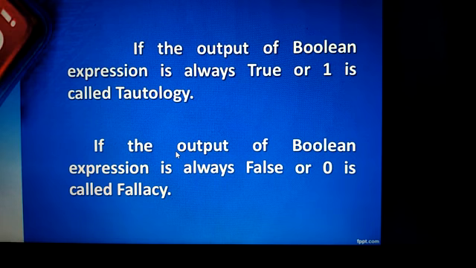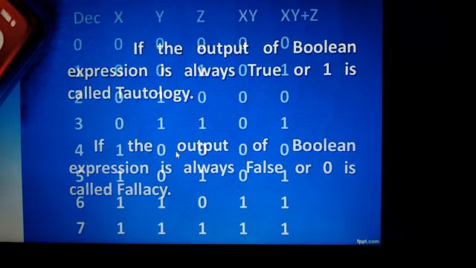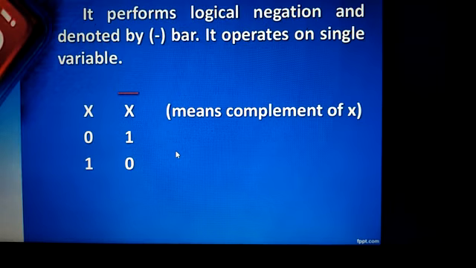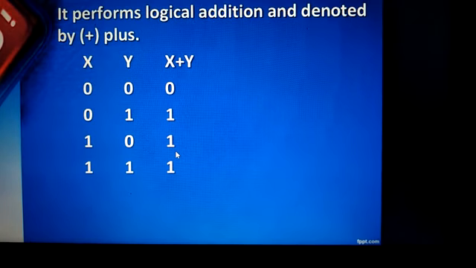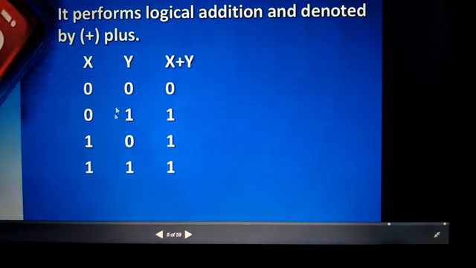What is fallacy? If the output of a Boolean expression is always false, or 0, or you can say no, this is called fallacy. When the result of the expression is false or 0, it is called fallacy. Here in the example you can see the output 0 and 0 and the result is 0, so this is called fallacy.